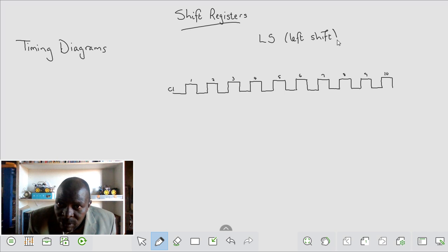Let's say we want to shift the number 1011001. We are going to use the left shift to shift this number. What are we going to do? First of all, decide what type of triggering we are using.